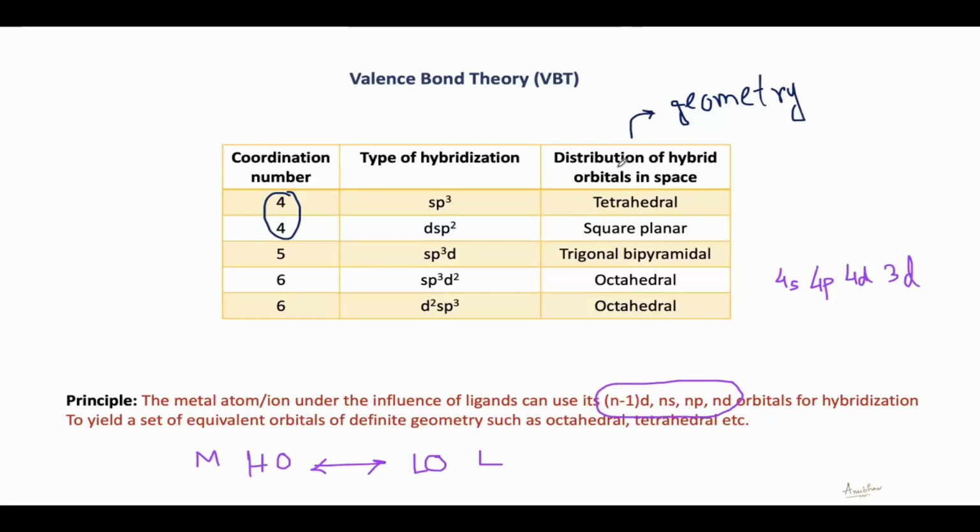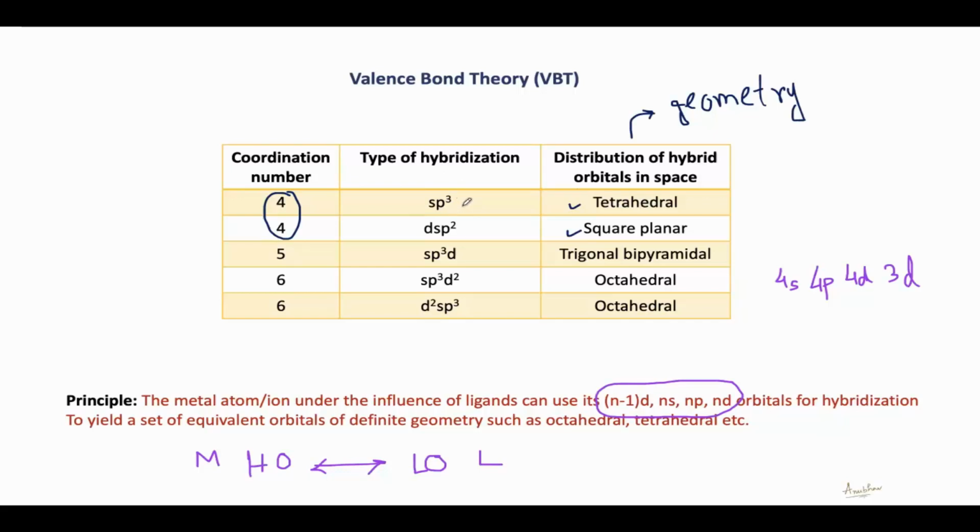Here you can see when the coordination number is 4, there are two different types of geometries. First one is the tetrahedral and the second one is the square planar. When it is tetrahedral, the type of hybridization is sp3, so no d orbital is involved.